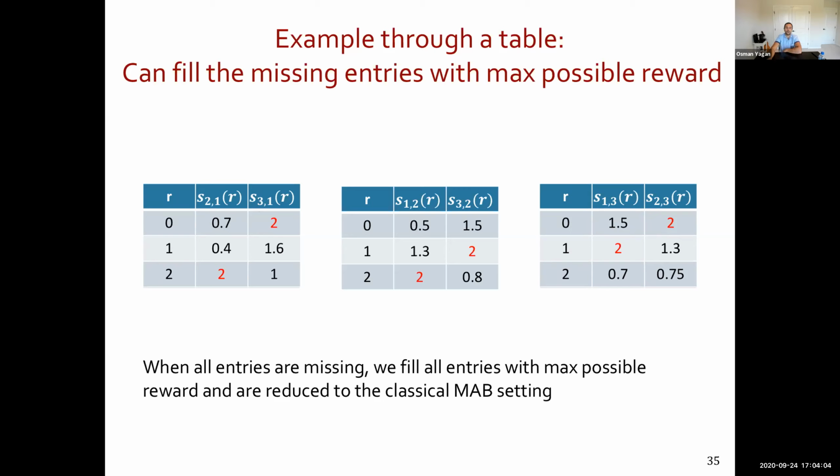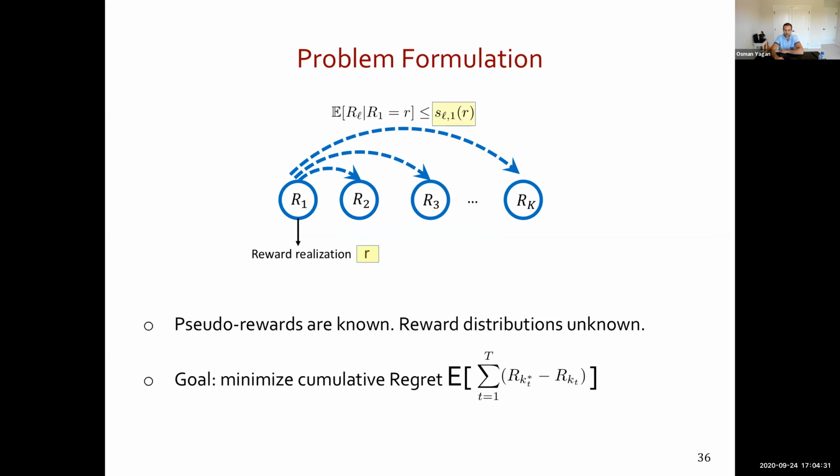If all entries are missing, you are clueless about any of these mean rewards, you can fill all of them with the max possible. And we created a class of algorithms that will perform exactly as the classic multi-arm bandit setting. So if you are using a UCB-like approach, filling all these entries with a trivial bound will not make you lose anything. You'll just recover the standard setting.